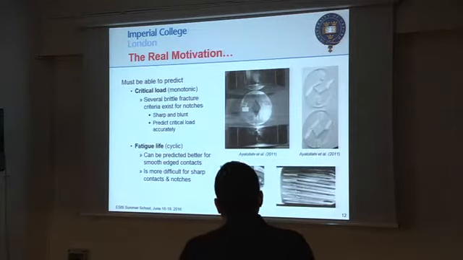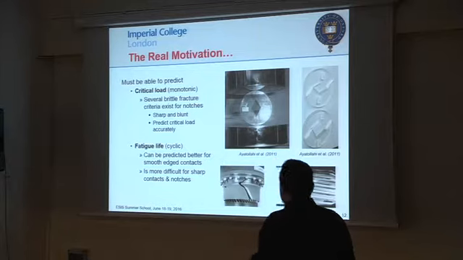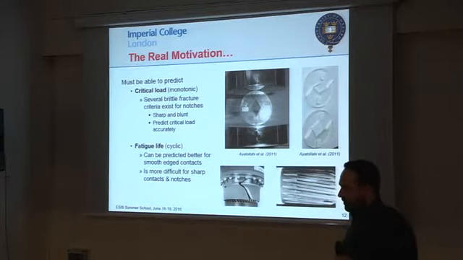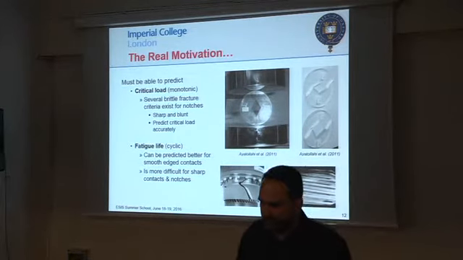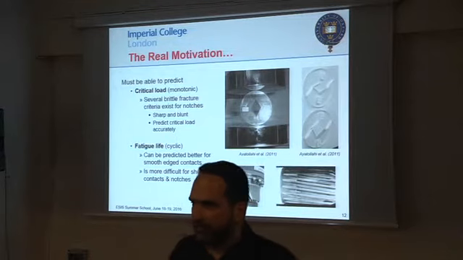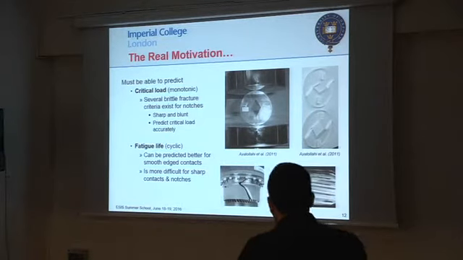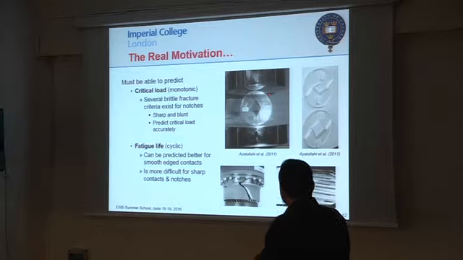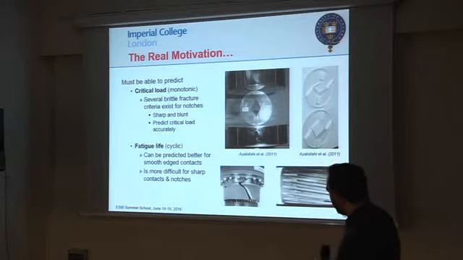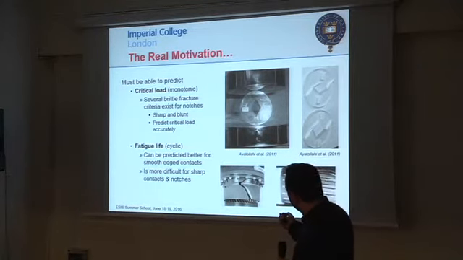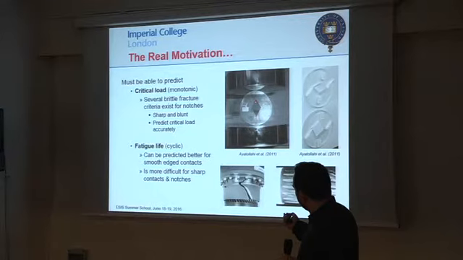And in fact, that links very well with what people usually do in fracture, which is looking at, for example, if you have a notched component, how critical load makes a crack start from sharp features.